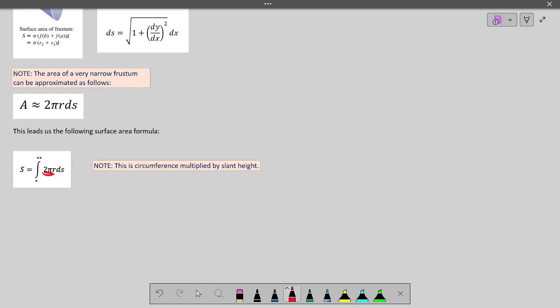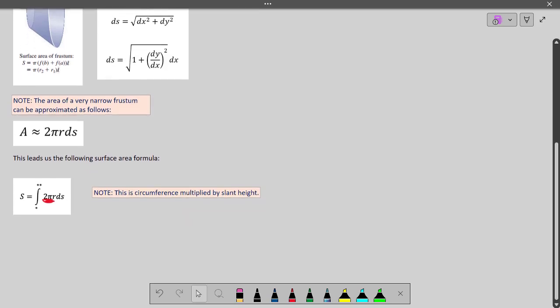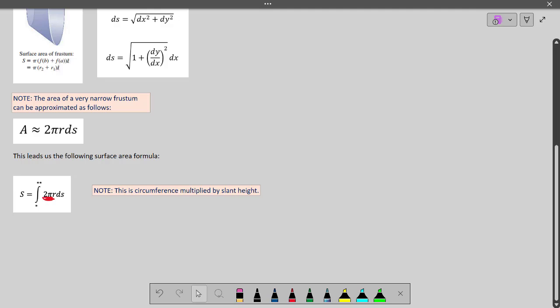So this piece right here is a circumference. And the idea is that you've got your circumference, and ds is a diagonal slant. Like we already saw that if we looked at dx, dy, and ds. ds is that diagonal, they call it a slant height. And so the idea is that if you do your 2 pi r and multiply it by the slant height, that's going to give you the area of the frustum. 2 pi r ds is the area of a frustum.